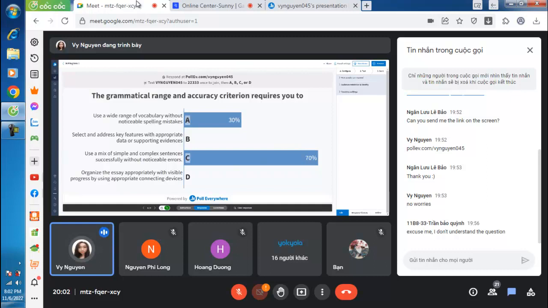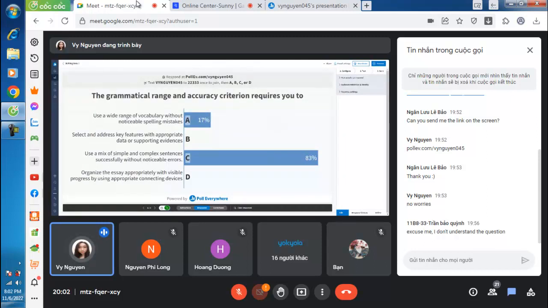Alright, for the grammatical range and accuracy criterion, you need to be able to use simple sentences without many errors, right?